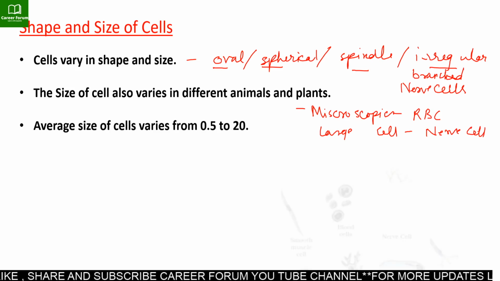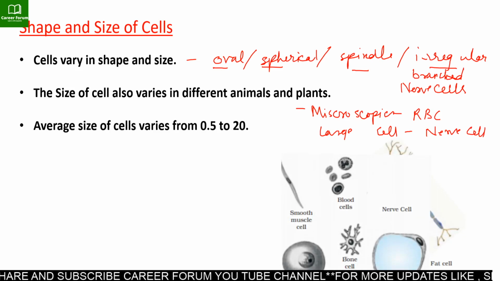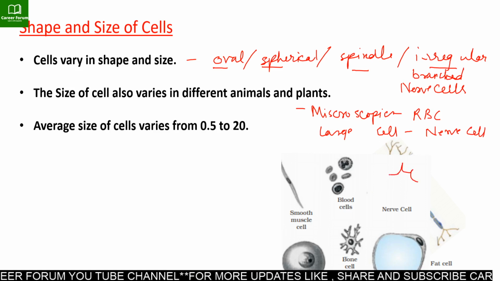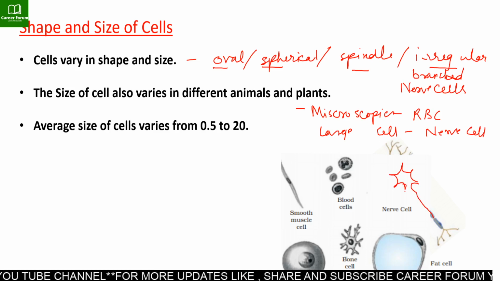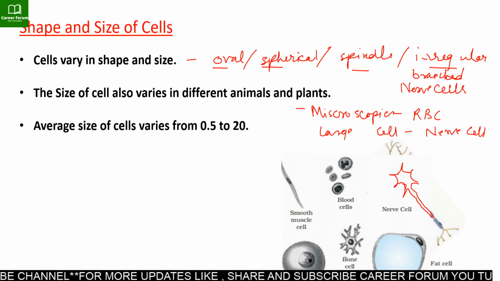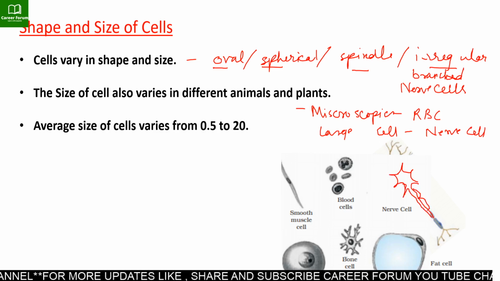Now here I'm giving you the picture of these cells with various shapes and sizes. The picture is not clear here for the nerve cell, but I'm drawing it for you so that you can get clear about the structures. This is how nerve cells look. They possess a myelin sheath over them.